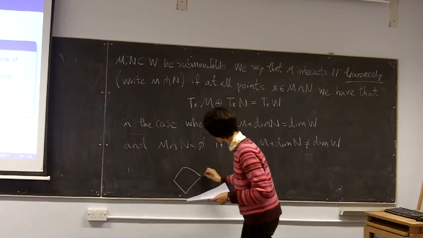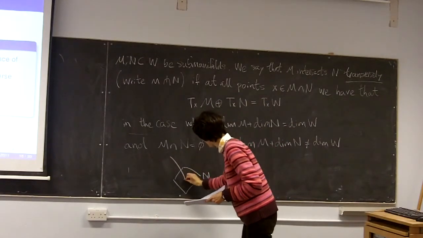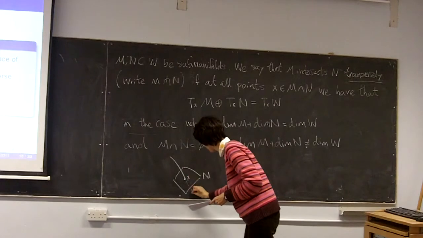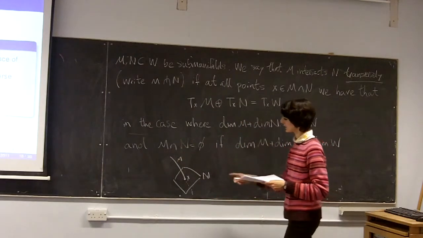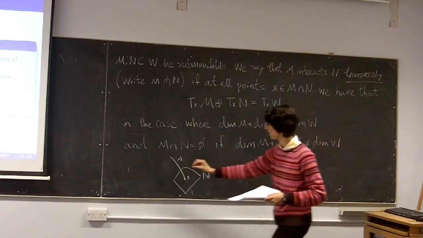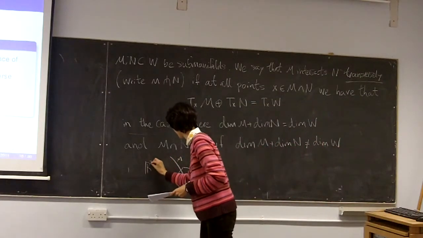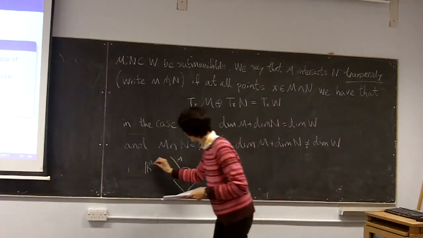Suppose this is the manifold M, and this is X, and this is manifold N. So these two manifolds are transverse, and here we are in R3.